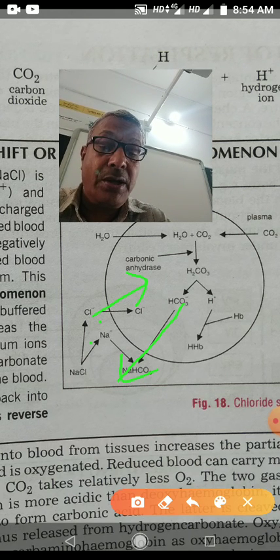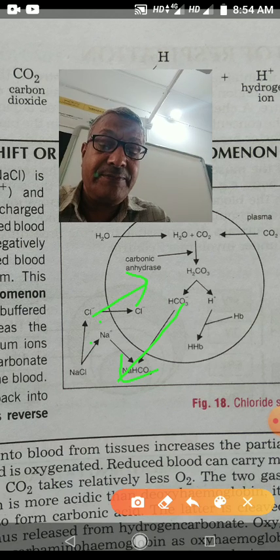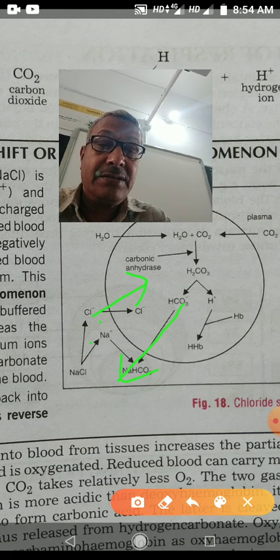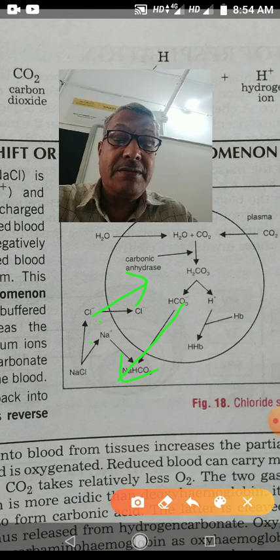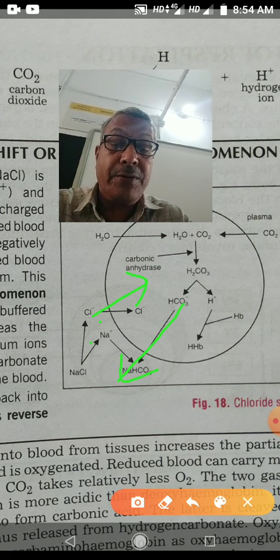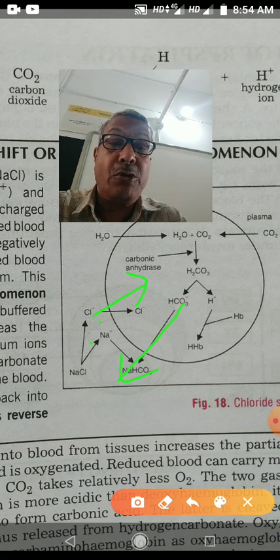So this is called chloride shift, and this phenomenon was studied by Hamburger. Therefore, it is also known as Hamburger phenomenon.